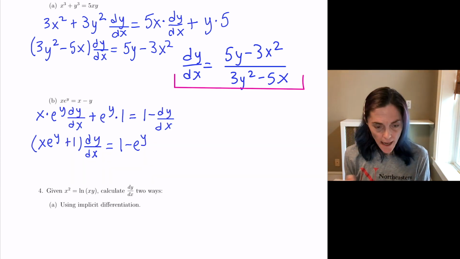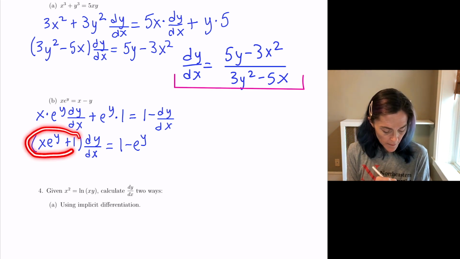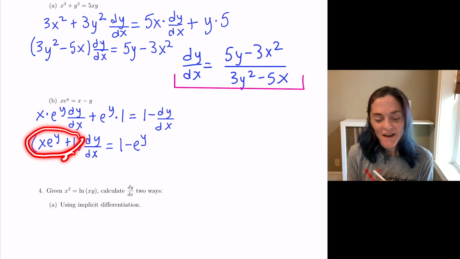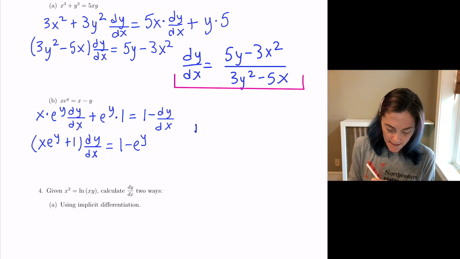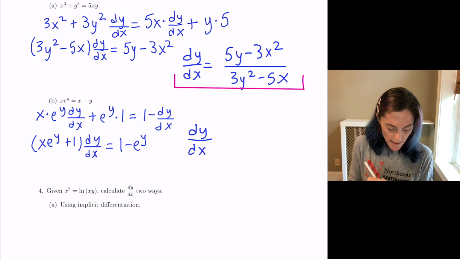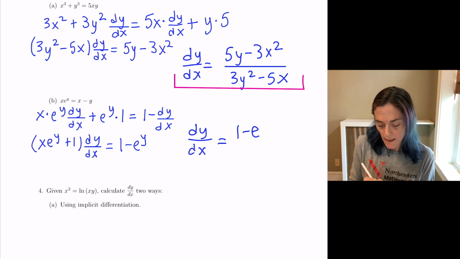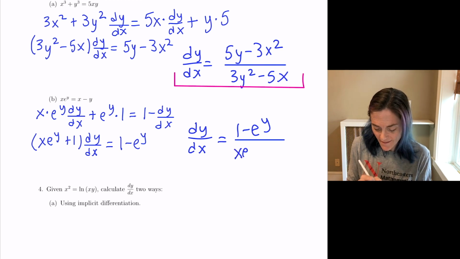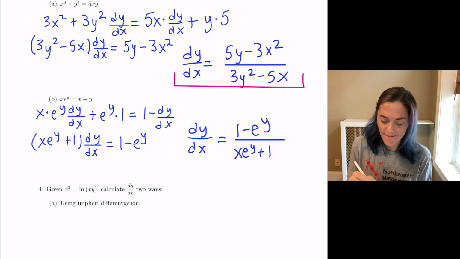Now, final step, we divide both sides of the equation by x e to the y plus 1. dy/dx is 1 minus e to the y divided by x e to the y plus 1.